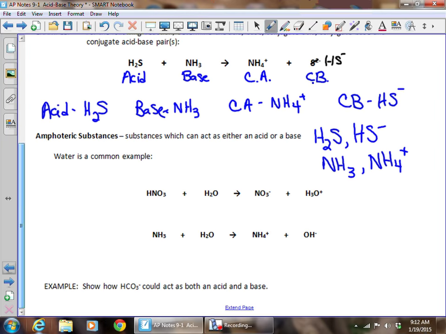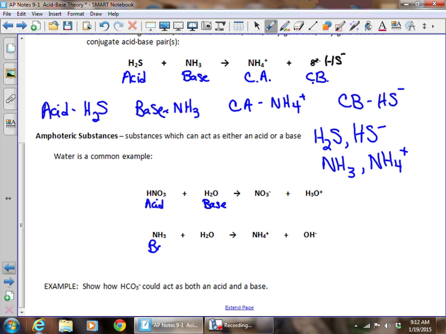Now, in this next example, it's talking about amphoteric substances, sometimes called amphiprotic substances, but these are substances that can act as either an acid or a base. And we've seen all the way through our definitions that we've used water over and over as an acid or a base. In this case, since it's reacting with an acid, water is acting like a base.